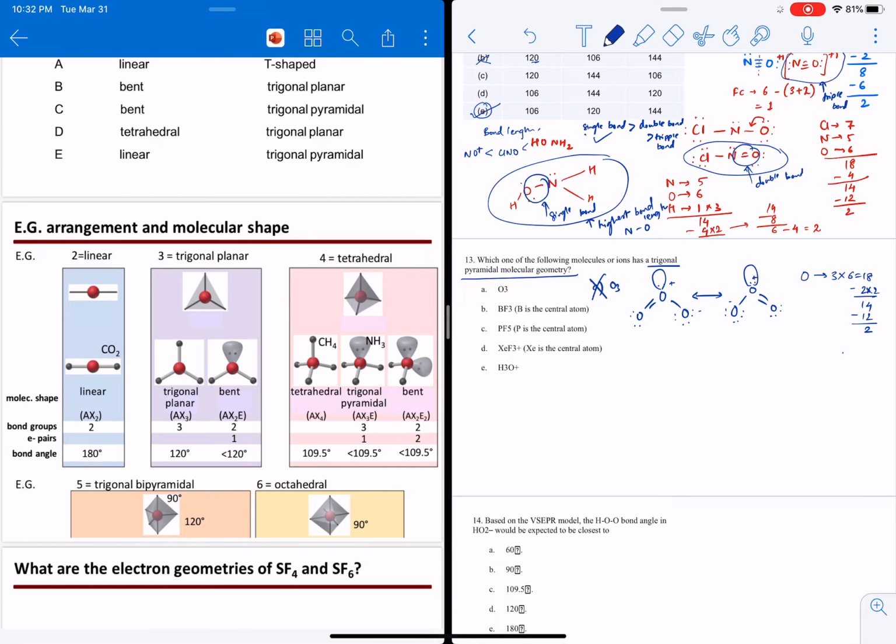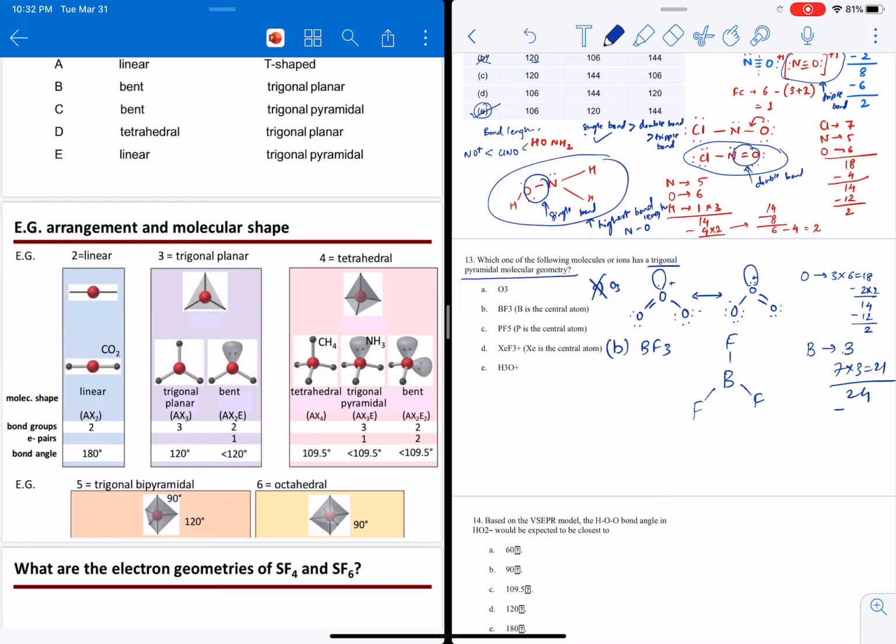Next, make B, that is BF3. This is much simpler. B is the central atom, and you just make 3 bonds. Let's do the same calculation again. Boron has 3 electrons in the valence shell. Fluorine has 7, that's 21, goes to 24.